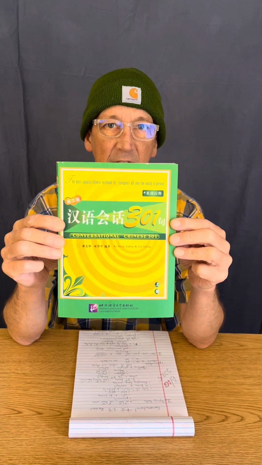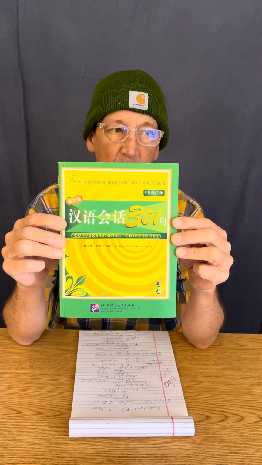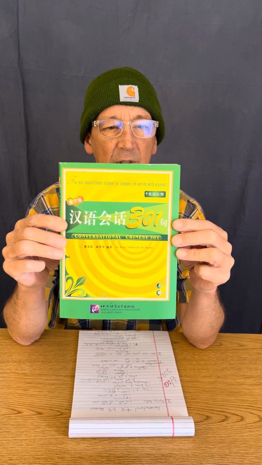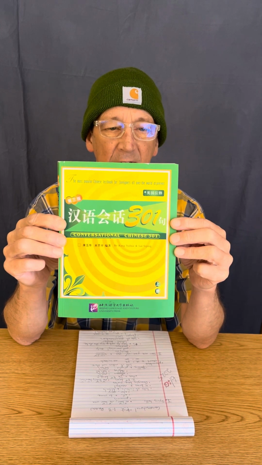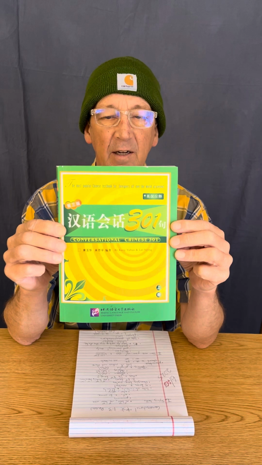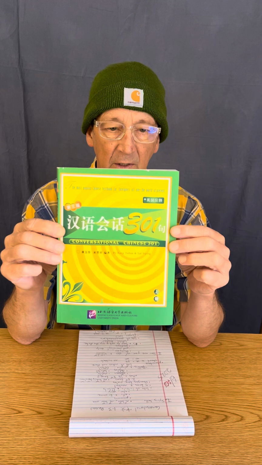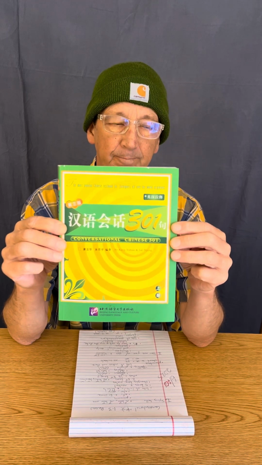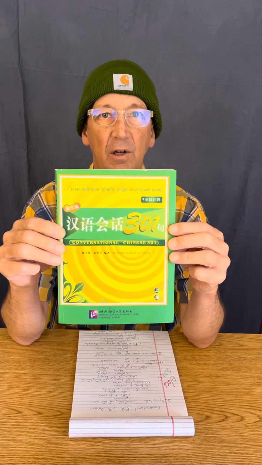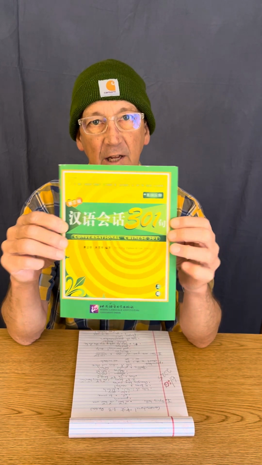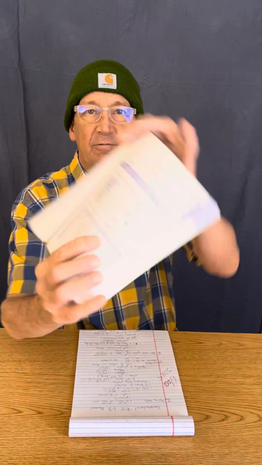There are subsequent editions, and I think at one point it was in 2 volumes, and it came with tapes back in the day. I'm not sure what all is available now, but it's a pretty good book. I've seen them on eBay for as cheap as $4. For $4 you can pick it up and write in it like I do and make a mess of it and make it your own.